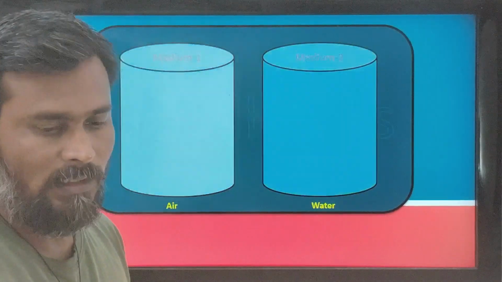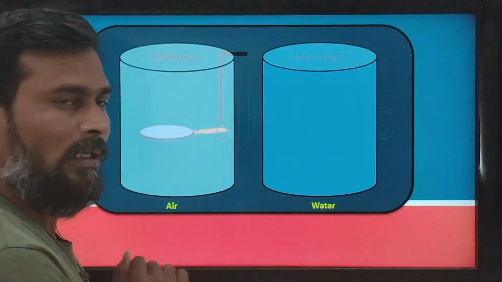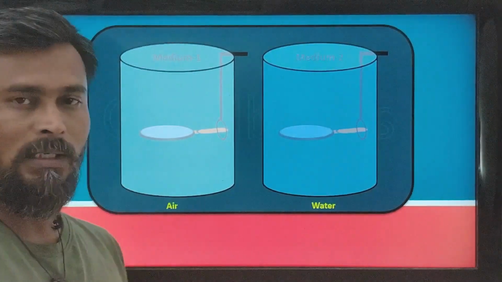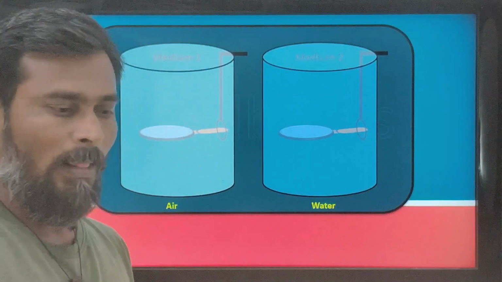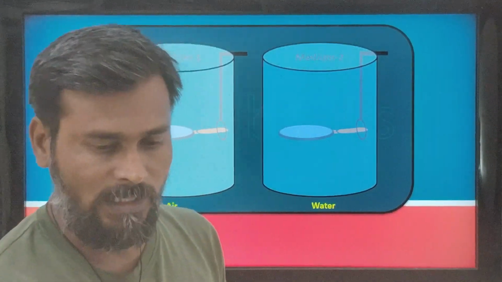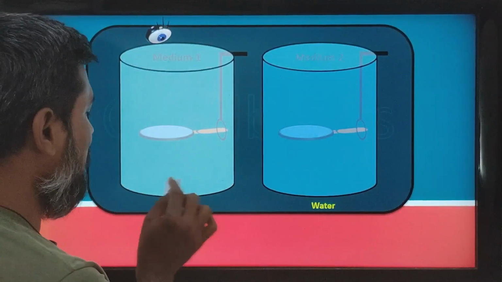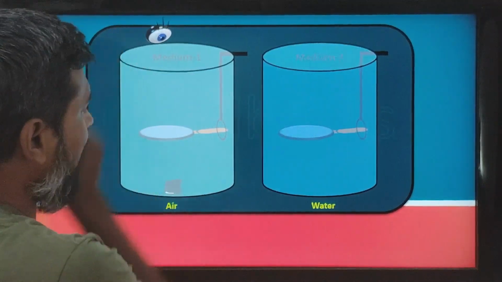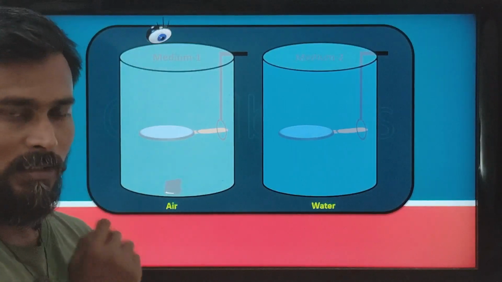Now let us observe the stones immersed in these two glass jars with the help of this lens, the double convex lens. If you see the stone in air, this is the size of the stone. When you observe through this lens, the size of the stone is this much.